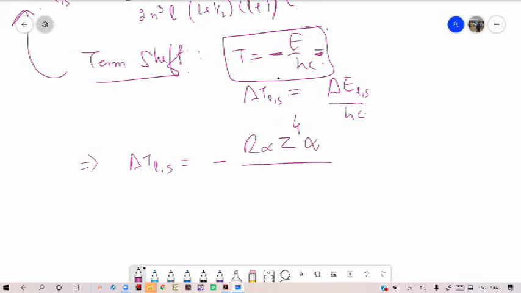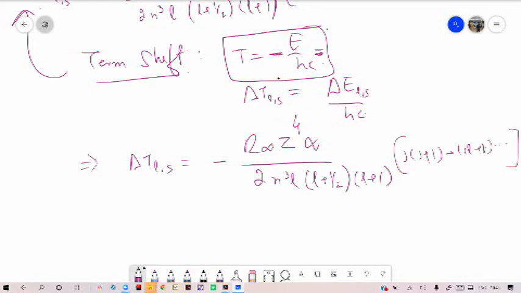alpha. This is infinity, and that is alpha, that is separate. l plus 1 into s plus 1 minus s into s plus 1.